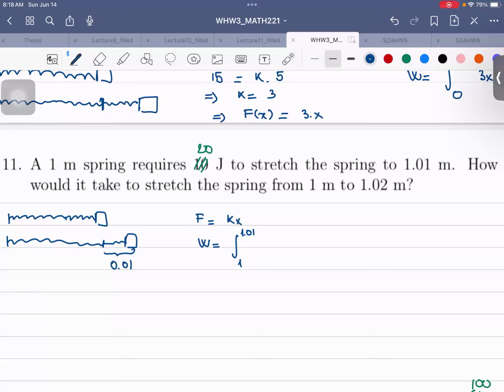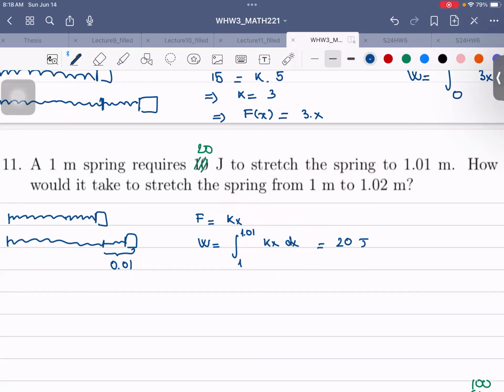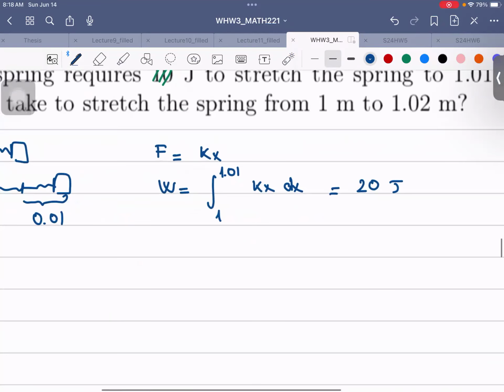The spring force is kx, and the question says that the amount of work required to stretch the spring 0.01 meters is 20 Joules.